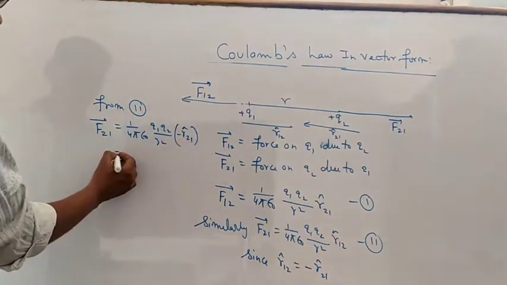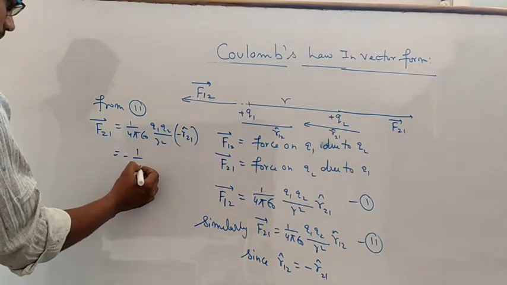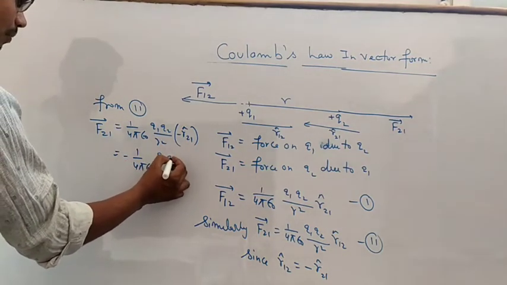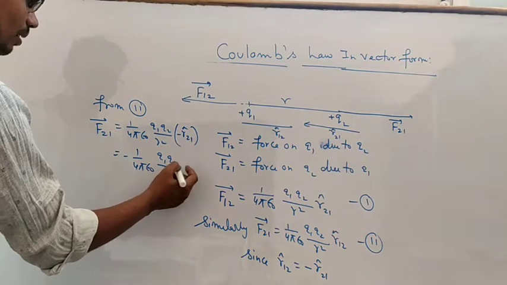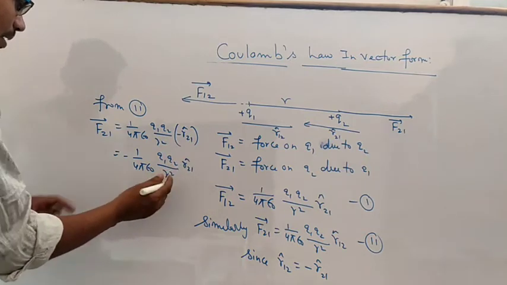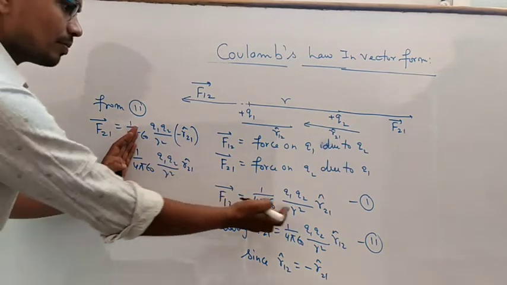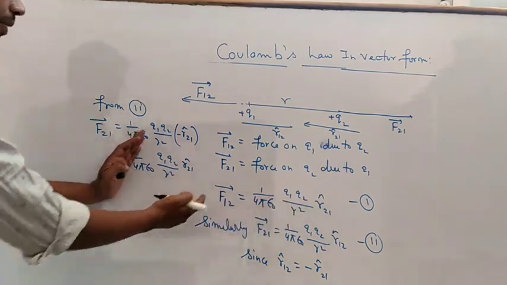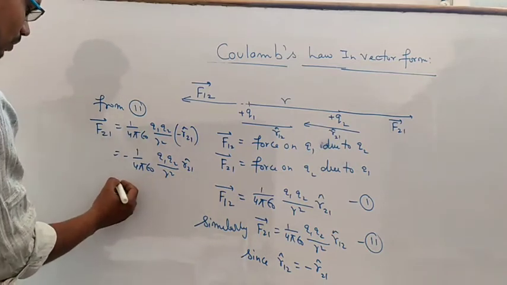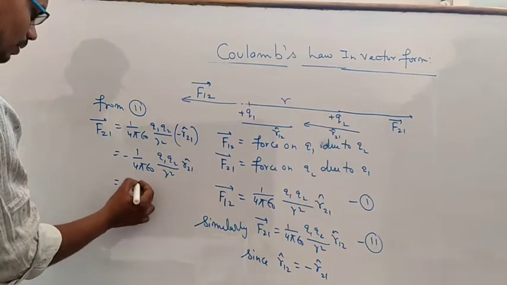Taking the minus out, this is minus 1 upon 4 pi epsilon naught Q1 Q2 upon r square r21 cap, which is minus vector F12.